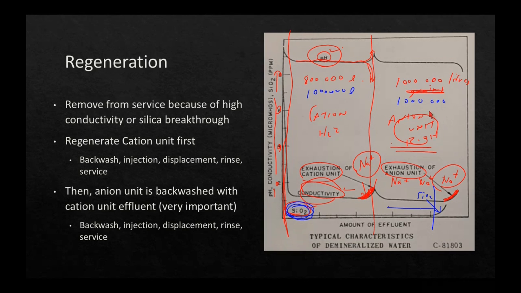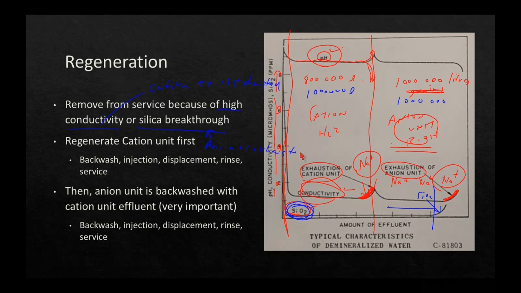So what I'm saying is there are two different ways. We can either remove it from service because of high conductivity, which means that the cation exchanger is exhausted, or we can regenerate based on silica breakthrough, which means that the anion unit is exhausted.